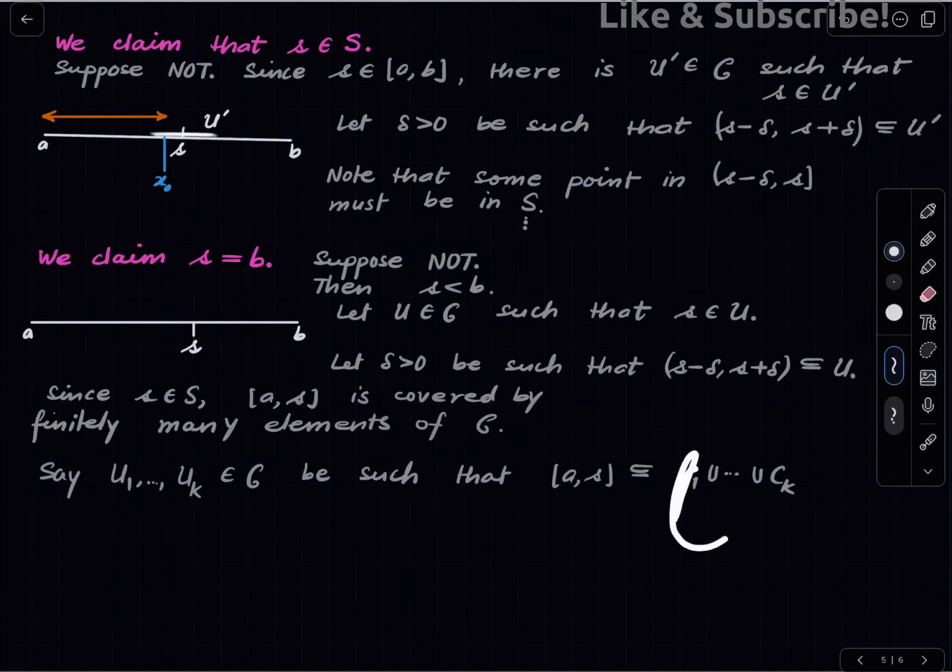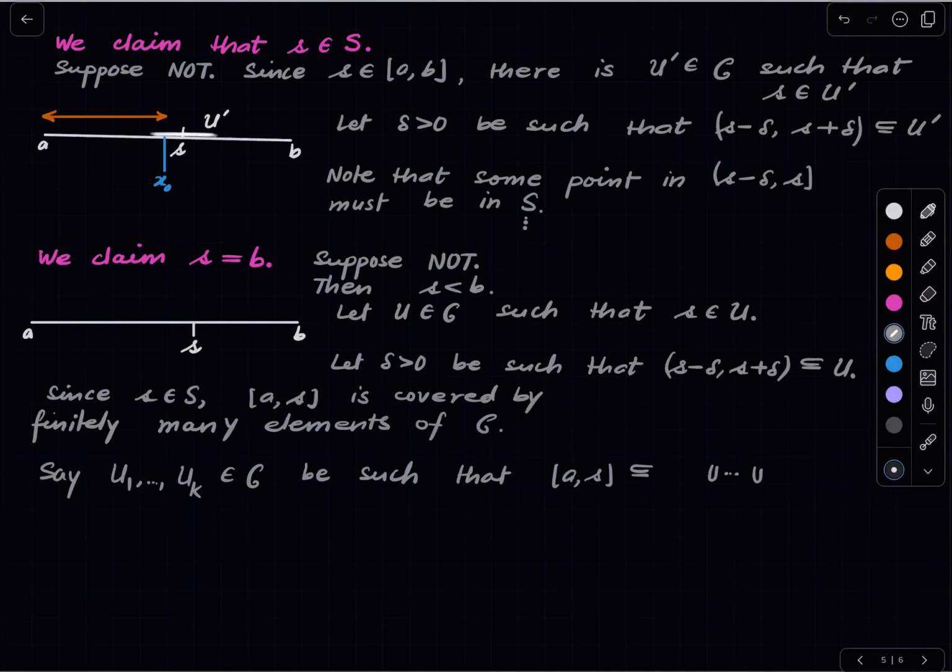I've written C1 up to Ck here, but I meant to write U1 up to Uk. U1 up to Uk, the union of them contains the closed interval A comma s. But then this thing, A comma s plus delta by 2, is contained in this union.